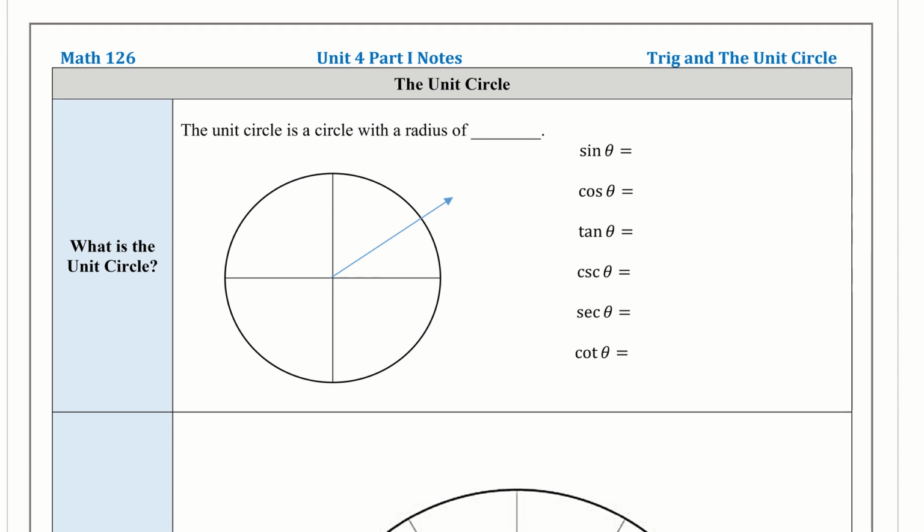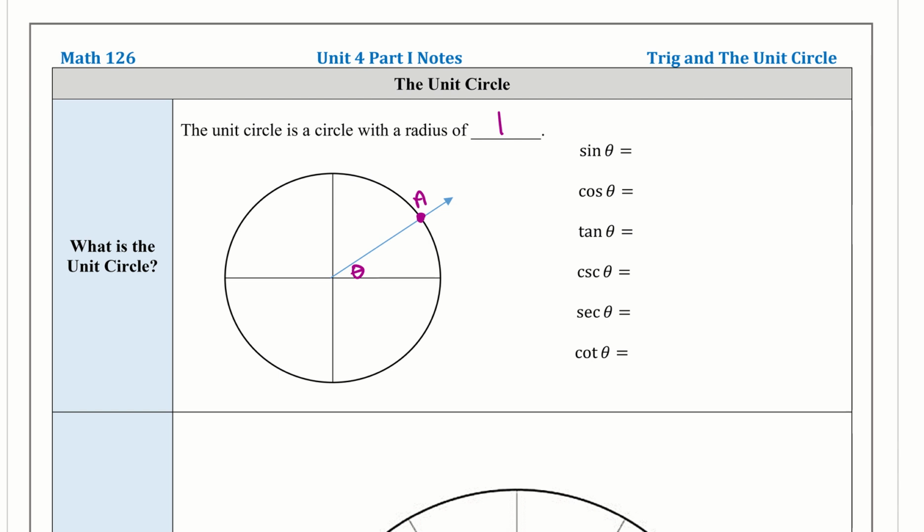So the unit circle is a circle that has a radius of 1. And so anytime that we're looking at this circle and we're trying to find out some of the information, we can actually use the coordinates of a point. So let's say I've got some point A, and we've got some angle that I'll name theta, and that angle could be various angles.